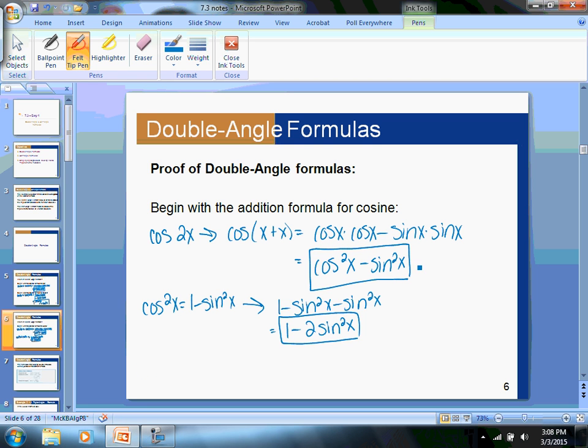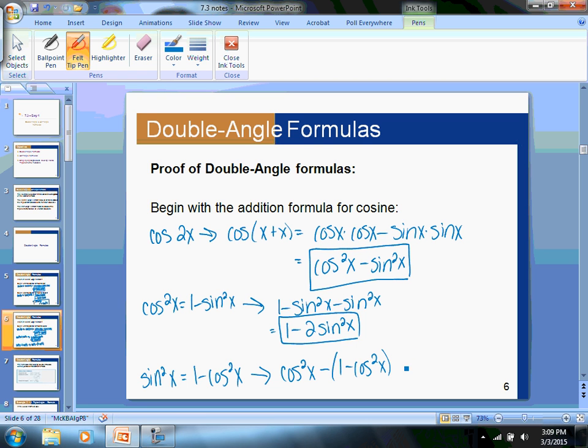Or I could substitute something in for the sine squared x, because we know that sine squared x is the same as 1 minus cosine squared x. So if I substitute that in, then I would have the cosine squared x minus a 1 minus cosine squared x.